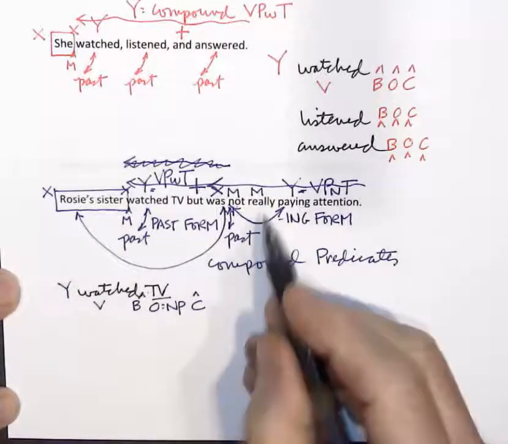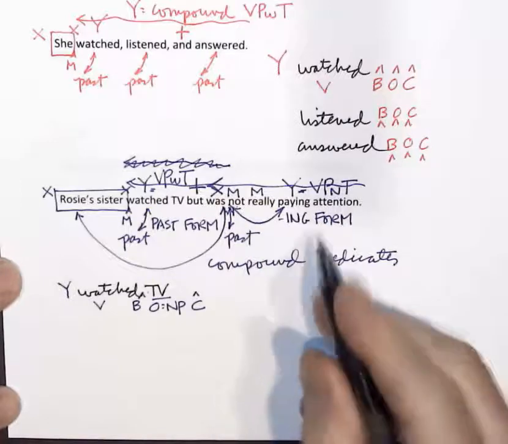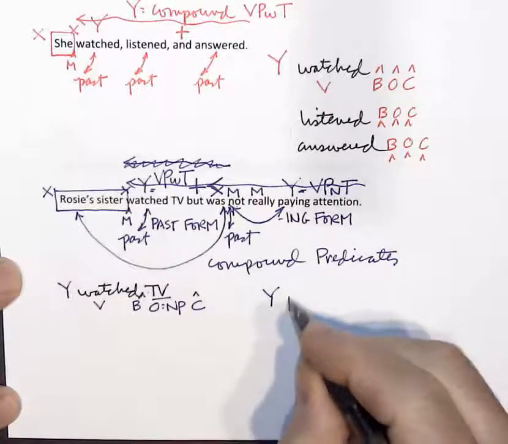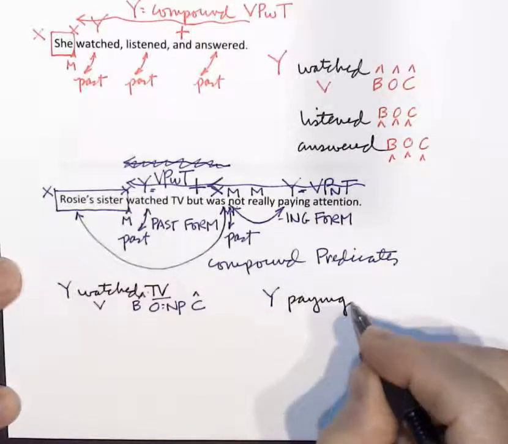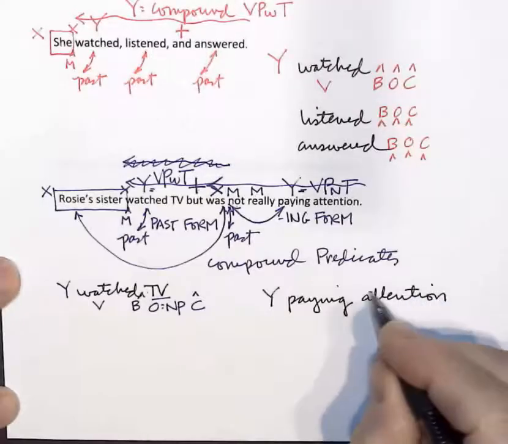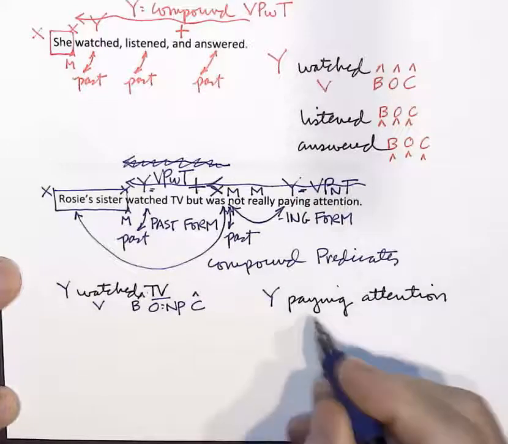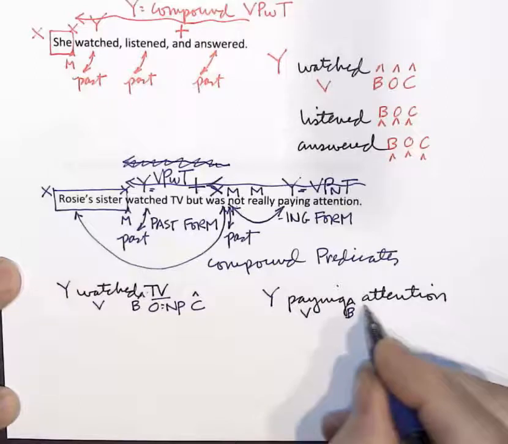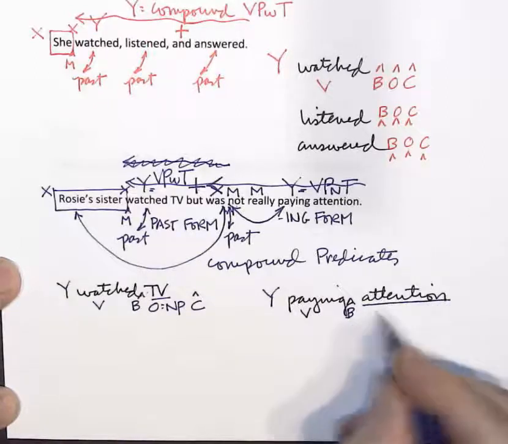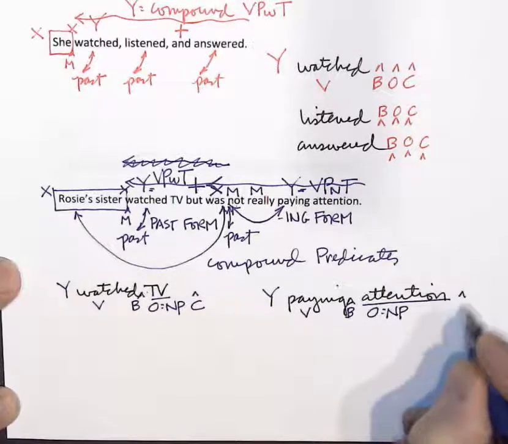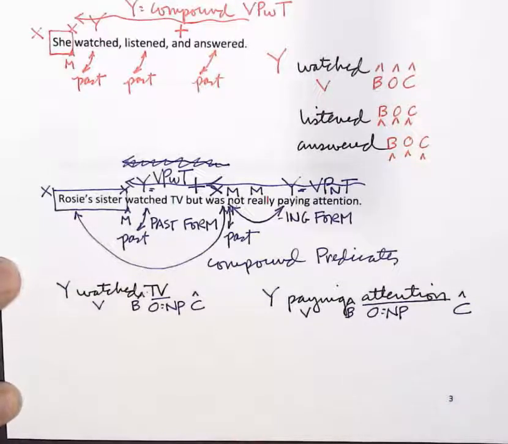And let's rewrite our second predicate, our second Y, from the second predicate, paying attention, and paying is the verb, the particle place is empty, attention is the object, it's a noun phrase, and the complement place is empty.